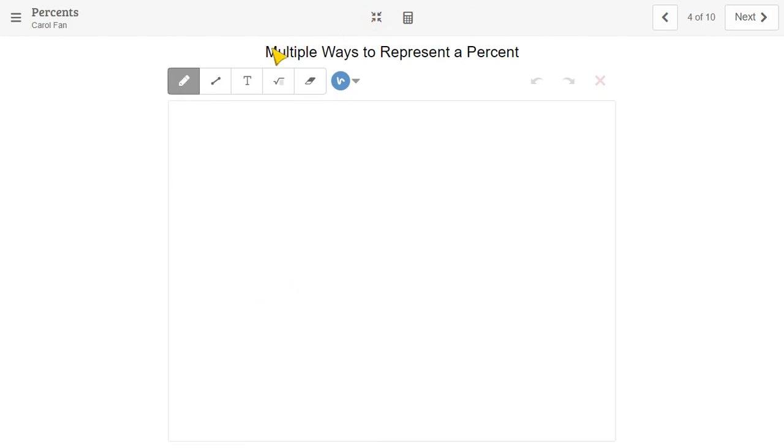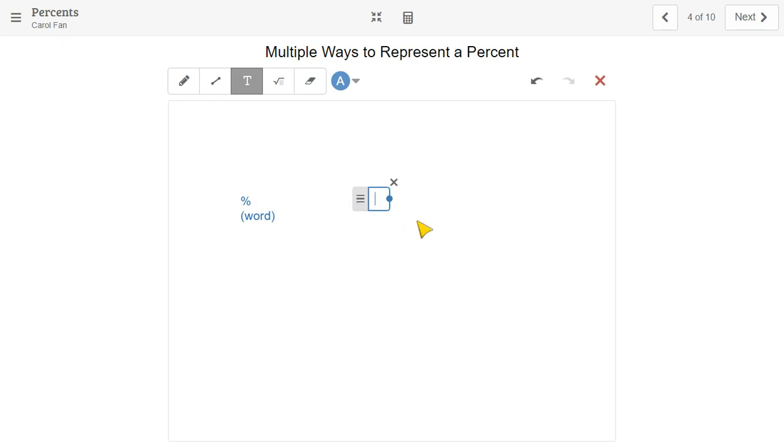Right, so there's multiple ways to represent a percent. The most familiar way would probably be using this percent symbol. And this is a percent as a word.